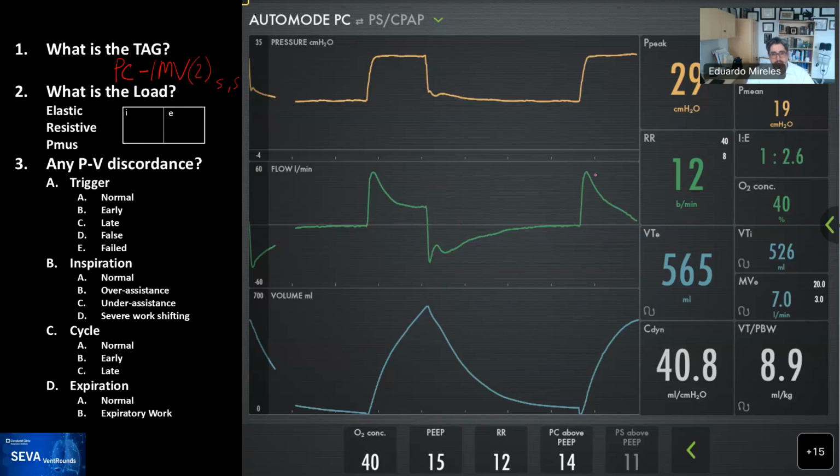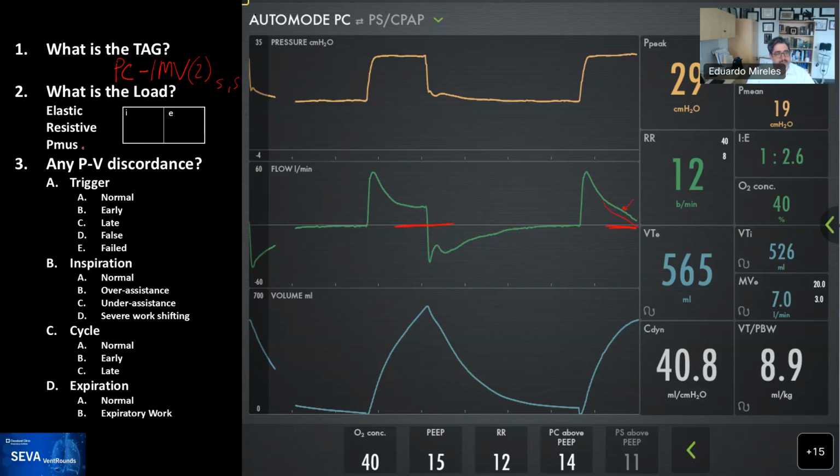And on the next one, you also see that there is a lack of the beautiful decay that you should have. So there's this little hump that comes here, this area here. So that tells me that this patient is having PMOS, evidence of patient effort where I'm putting the red line, and right here.